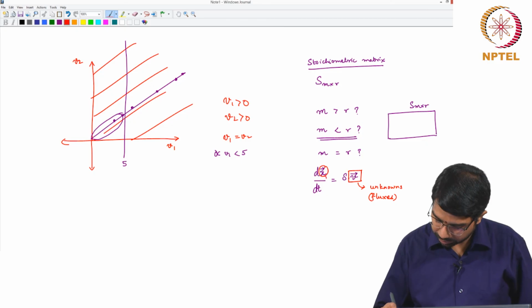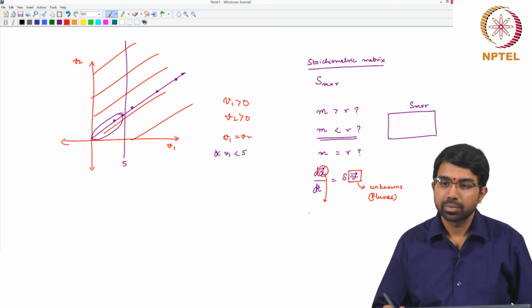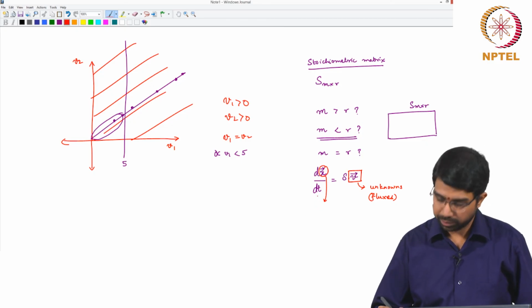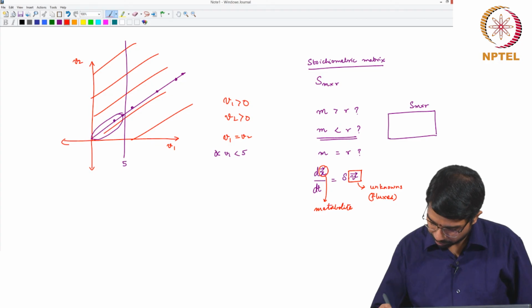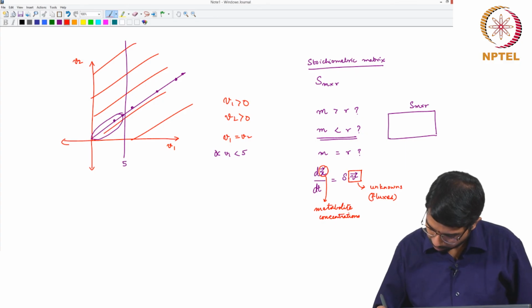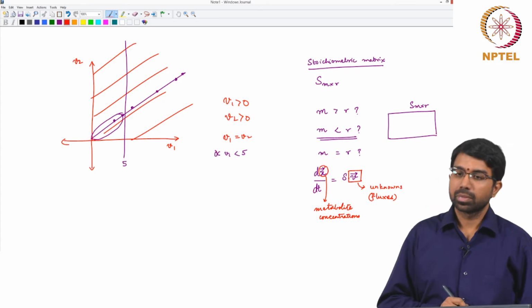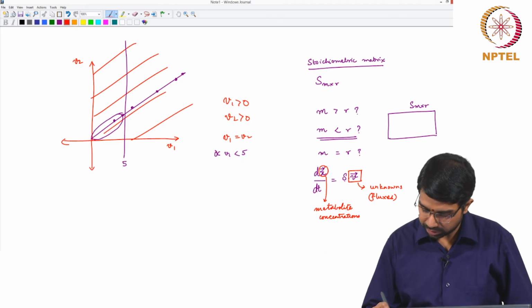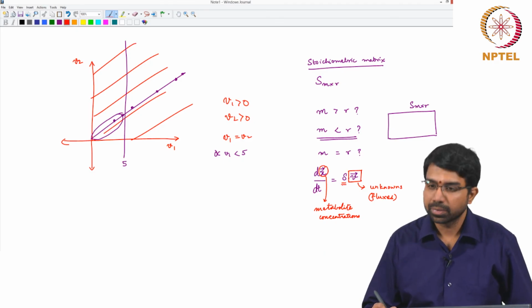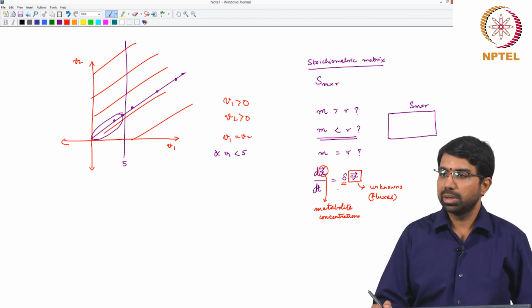What is X? Yeah, concentrations. Metabolite concentrations. The rate of change of metabolite concentrations linked via the stoichiometric matrix.